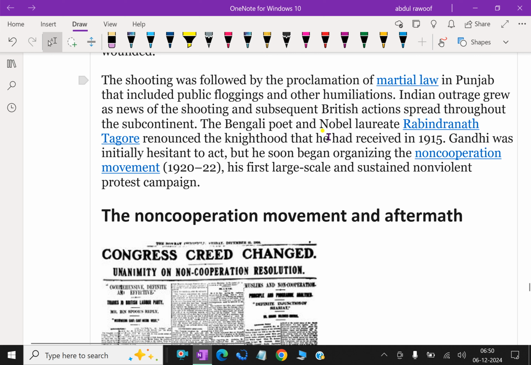The Bengali poet and Nobel laureate Rabindranath Tagore renounced the knighthood that he had received in 1915. Gandhi was initially hesitant to act, but soon began organizing the non-cooperation movement in 1920-22, his first large-scale and sustained non-violent protest campaign.